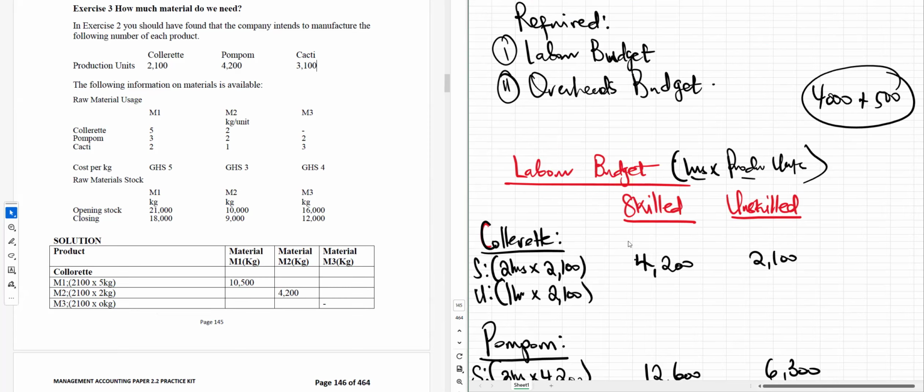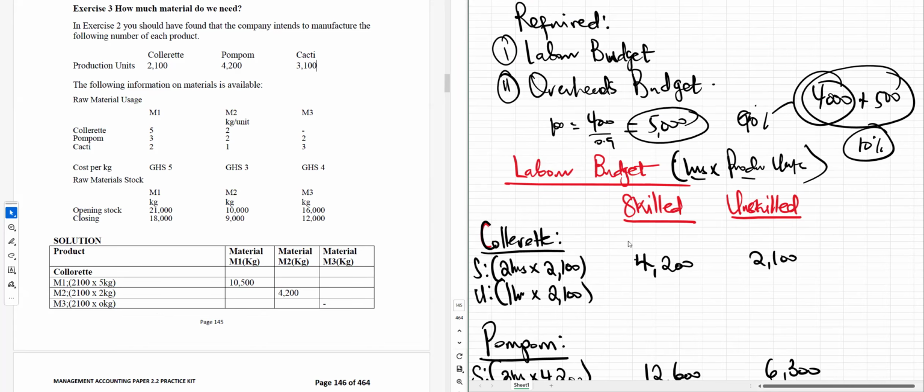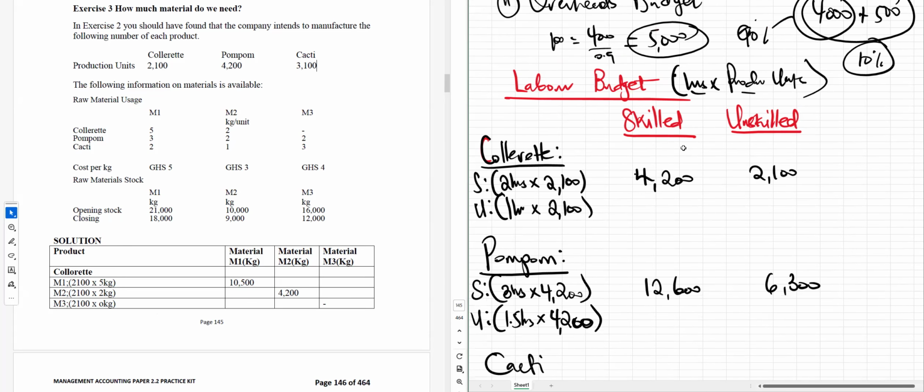If there was idle time of 10% lost in the system, it means this 4,000 is equivalent to 90%. To get 100%, take the 4,000 divided by 0.9, and you get 5,000 as the gross. That becomes your budgeted labor hours.